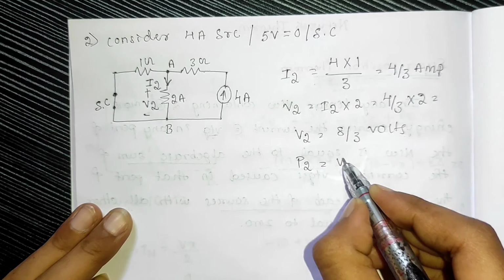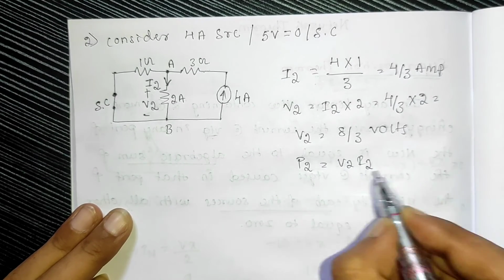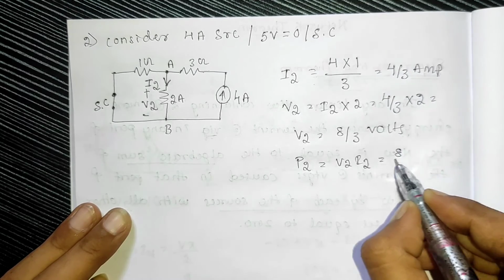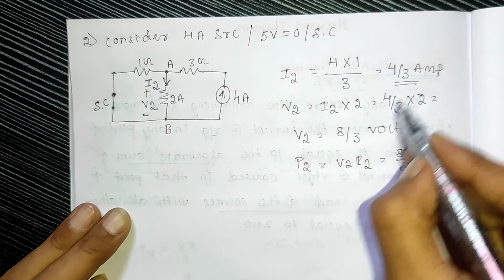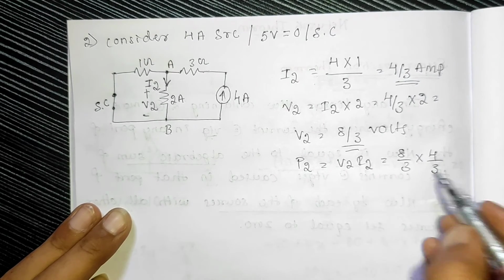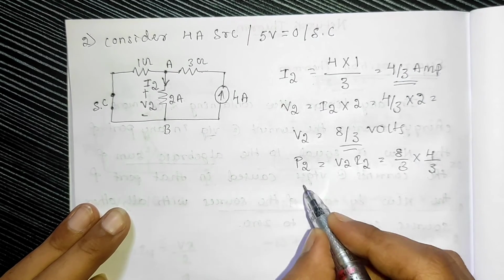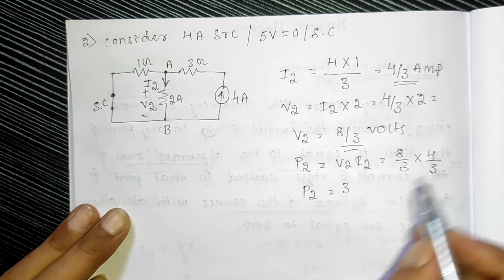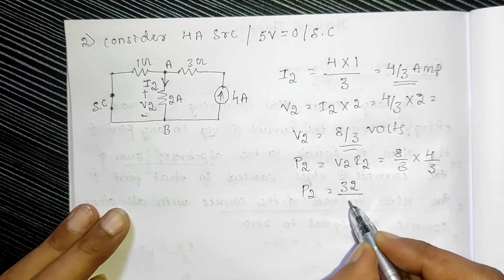Power equals V2 into I2. Here the V2 value is 8 divided by 3, and the current is 4 divided by 3. So here power equals 8 times 4 is 32 divided by 9 watts.